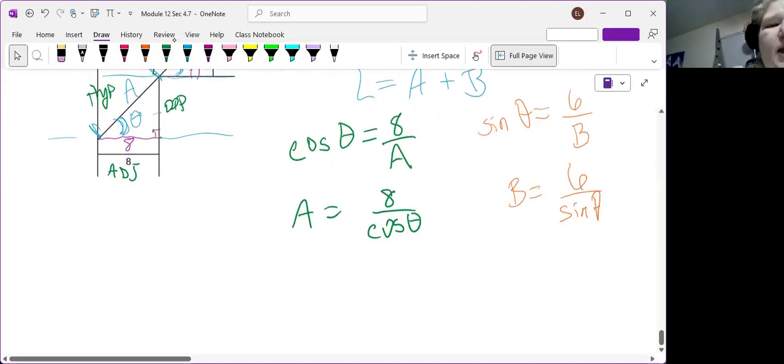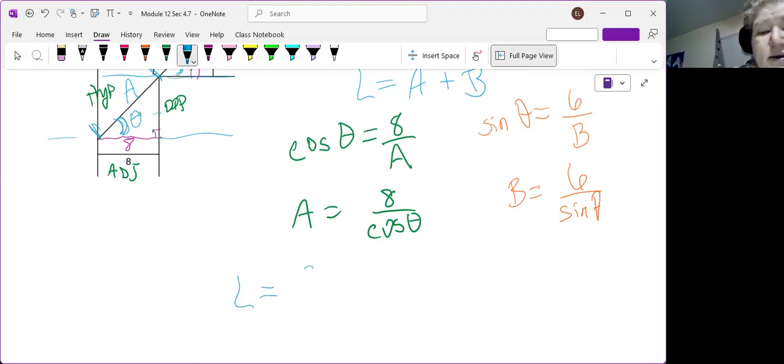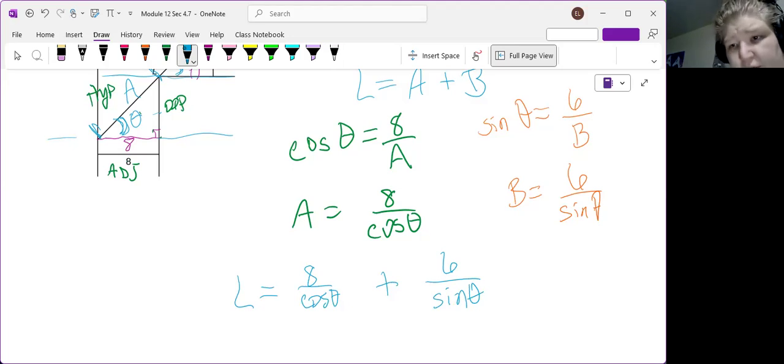So now I can rewrite L as 8 over the cosine of theta plus 6 over the sine of theta. That is now an equation all in terms of one variable, theta. So now we are at the take the derivative, set it equal to 0 step.